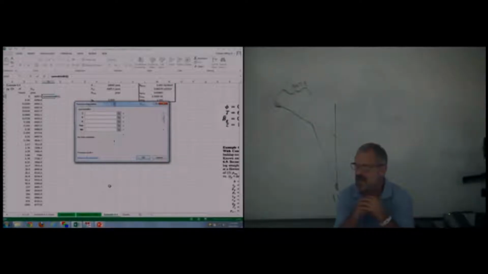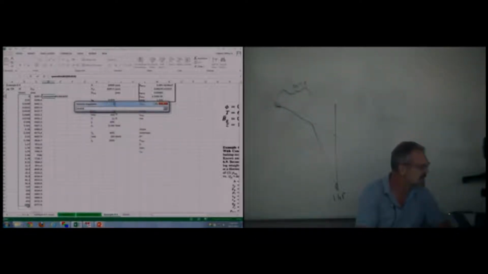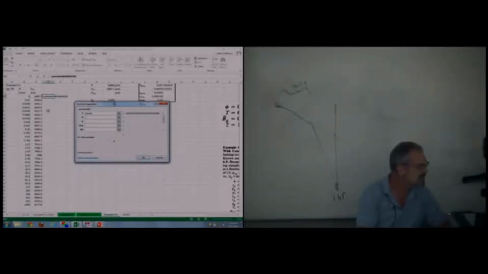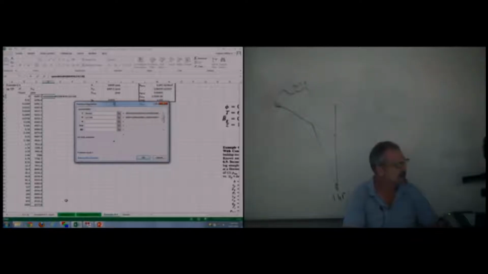Okay, everybody got that dialog box? Time, I have to give it the array. Pressure, I'm going to give it the array.